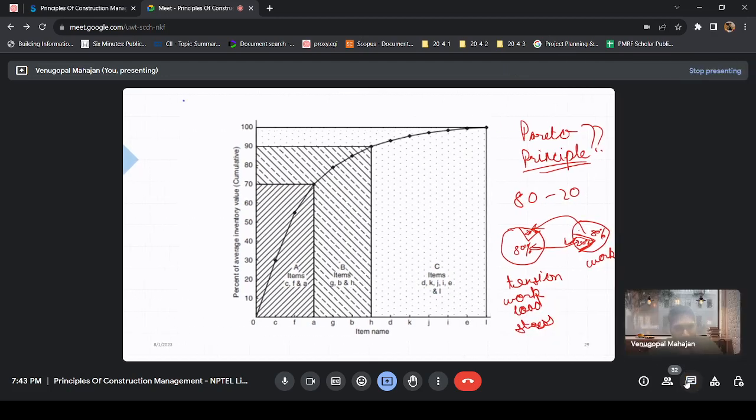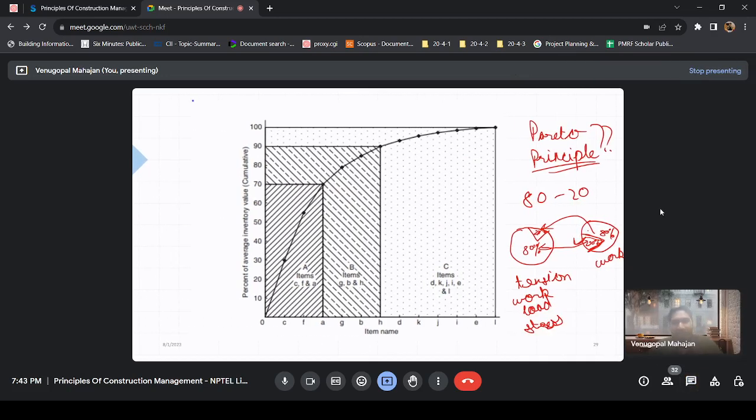Sir, in this concept, what is tension, sir? If you have to solve 20 questions, do you take some pressure? Yes, sir, there is pressure. But the pressure might not be equal from each question. Some questions you might find easier to solve, some very difficult.